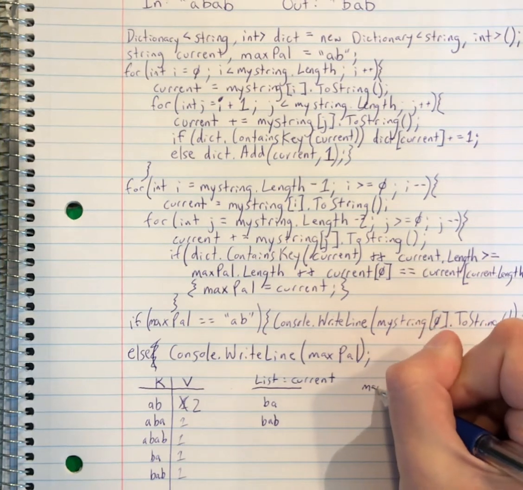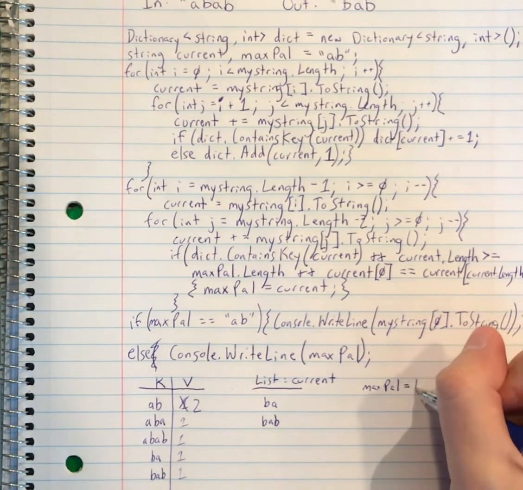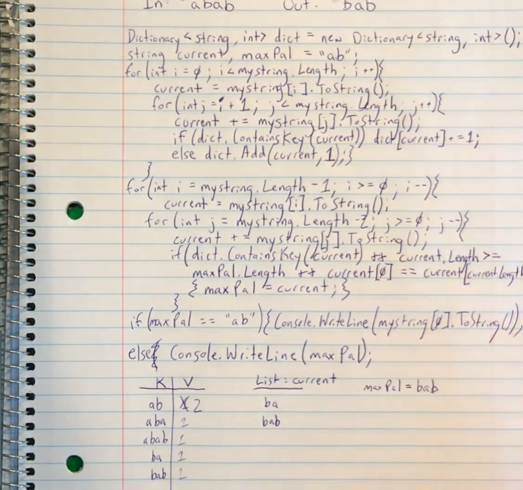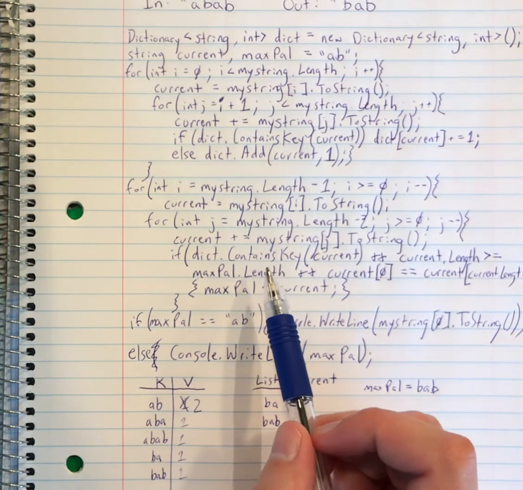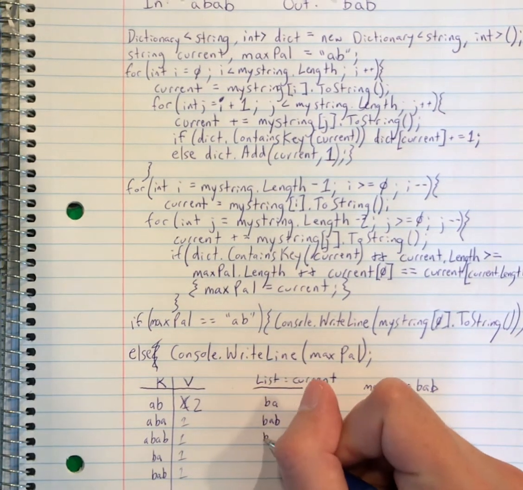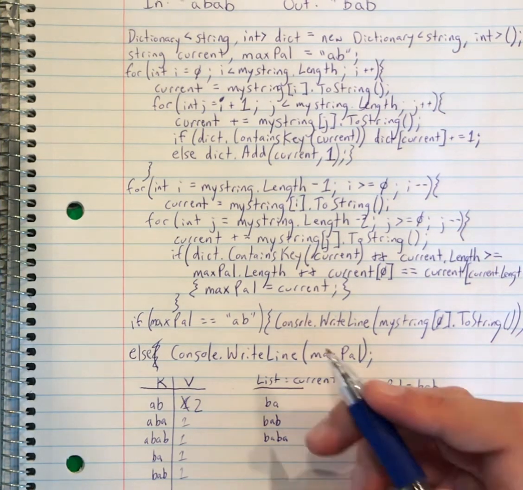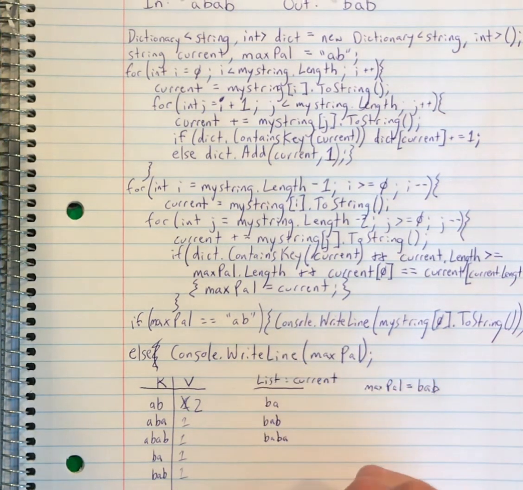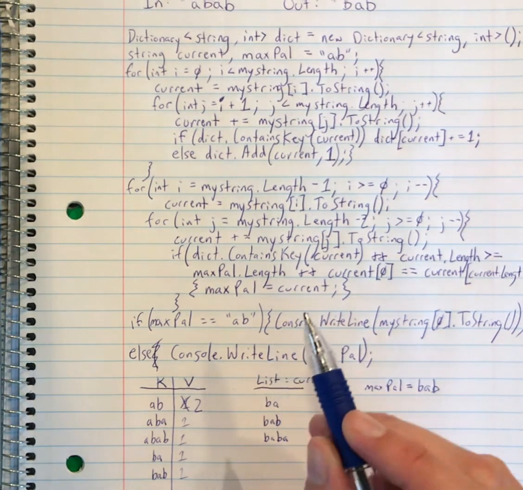So maxPal gets updated to be BAB. All right, moving on. Current is now BABA. The dict does not contain that key, so we move on.